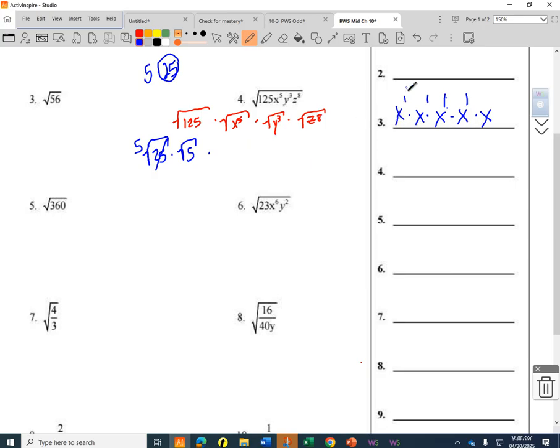So x to the 1st is not a perfect square factor, but x squared is, right? And there's an x squared in there. But we can use x squared, give me a little bit extra work. We have 4 x's. Is x to the 4th a perfect square? It is, right? So we can rewrite this as x to the 4th times x to the 1st, and now we get a perfect square. So let's do that. Perfect square factor.